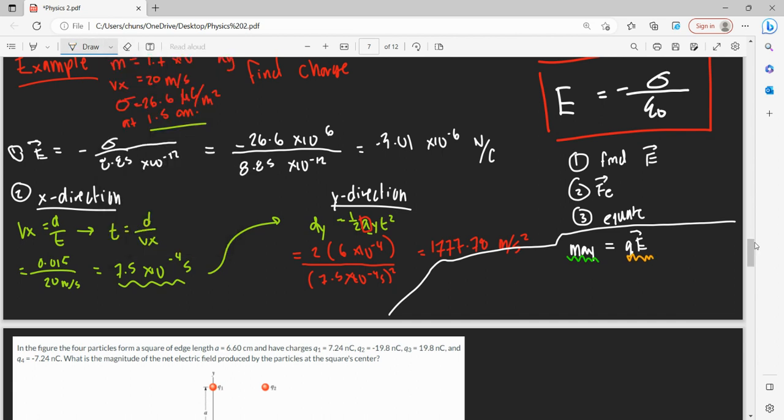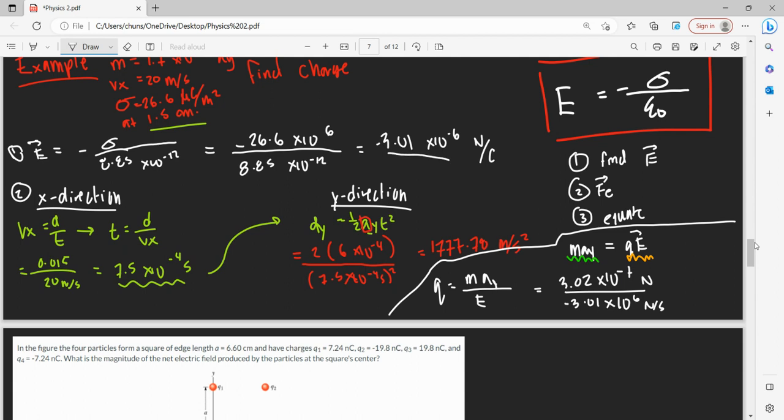So when we solve for q, q equals m times ay divided by our electric field, which equals 3.02 times 10 to the negative 7 newtons per, which we solved up here, newtons per coulomb.